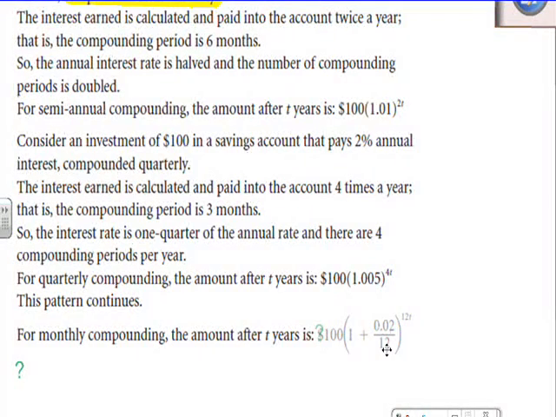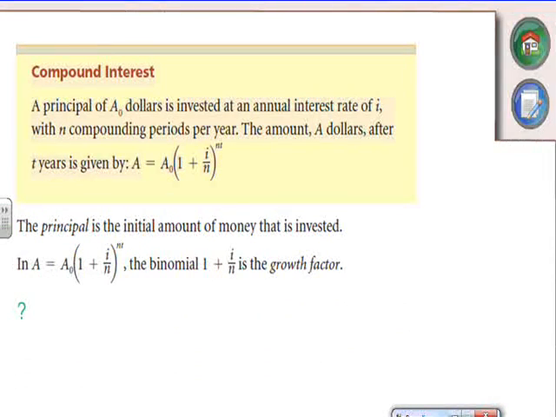And if we compounded monthly, we would divide the rate by 12 and multiply the time by 12. And there's the formula right there that you can see. That's the formula we're going to be using for any interest calculations. Divide the rate by the number of times of compounding and multiply the exponent, the years, by the number of compounding, the same n value.